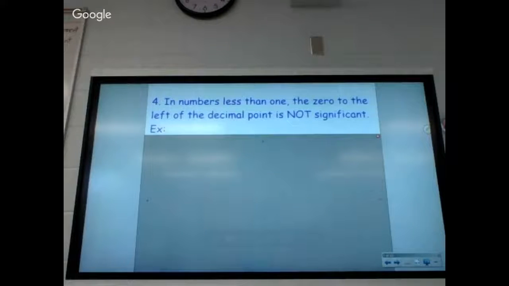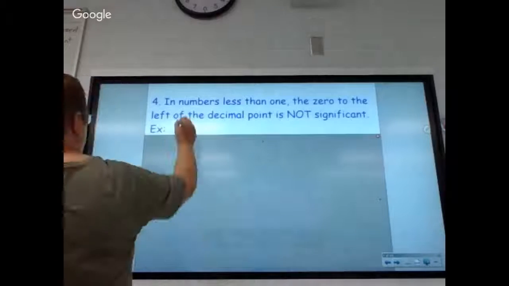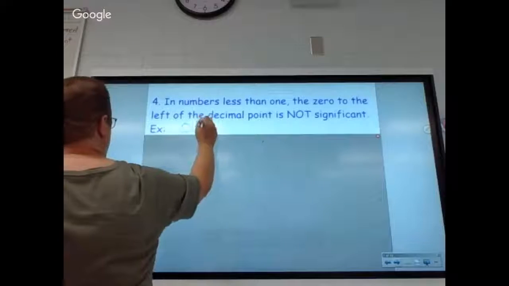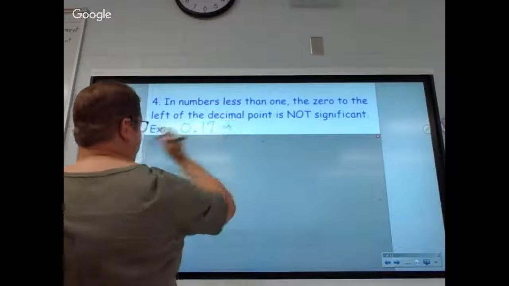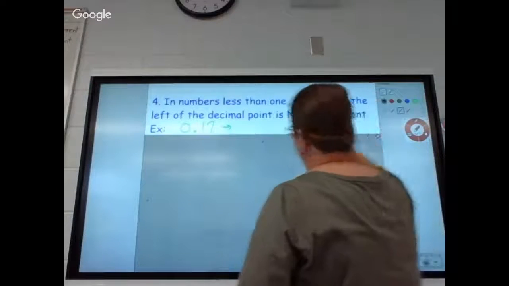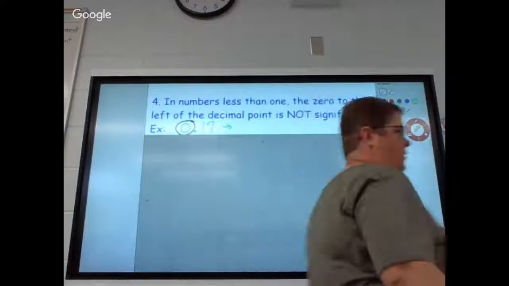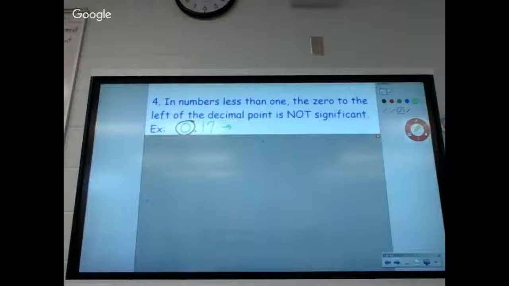In numbers less than 1, we're talking about that 0. In numbers less than 1, zeros to the left of the decimal are what?